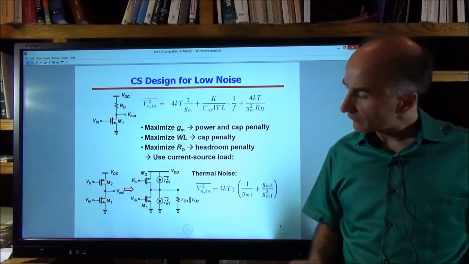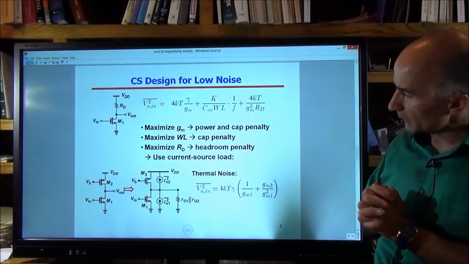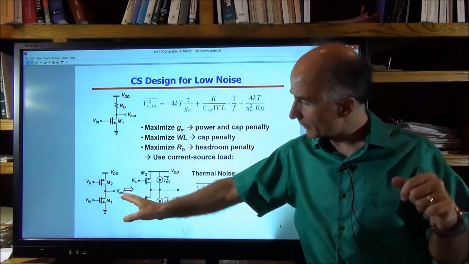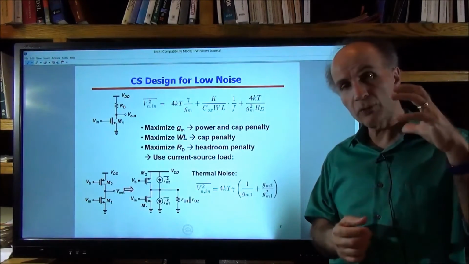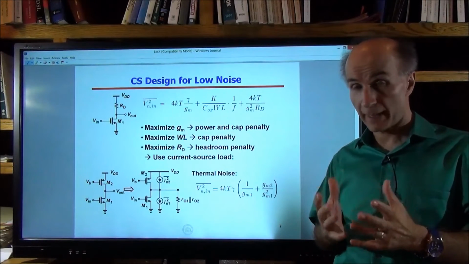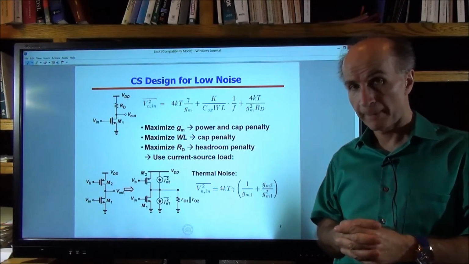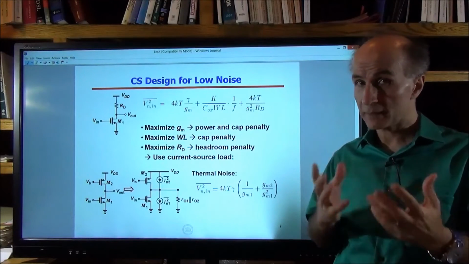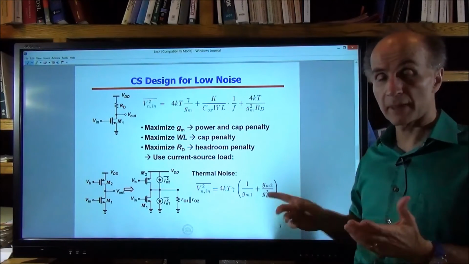Okay, now, so what we see in this interesting topology is that M2 acts as a constant current source and M1 as an amplifying device. And as such, M2 does contribute both thermal noise and flicker noise.